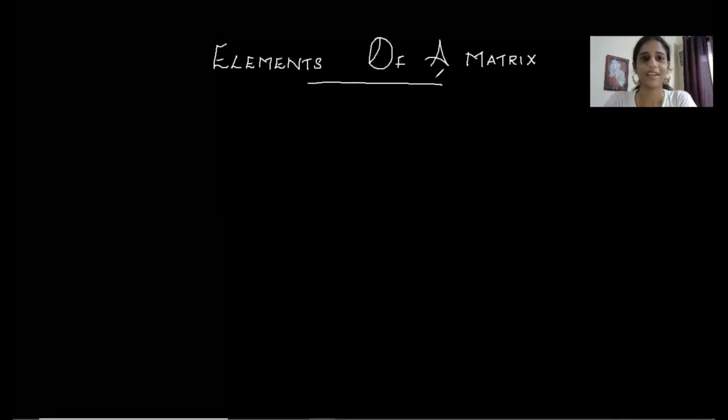Elements of a matrix. Each and every member of a matrix is known as its elements. We can even use the term entries, but it's rarely used. Most commonly, we are using the term elements.